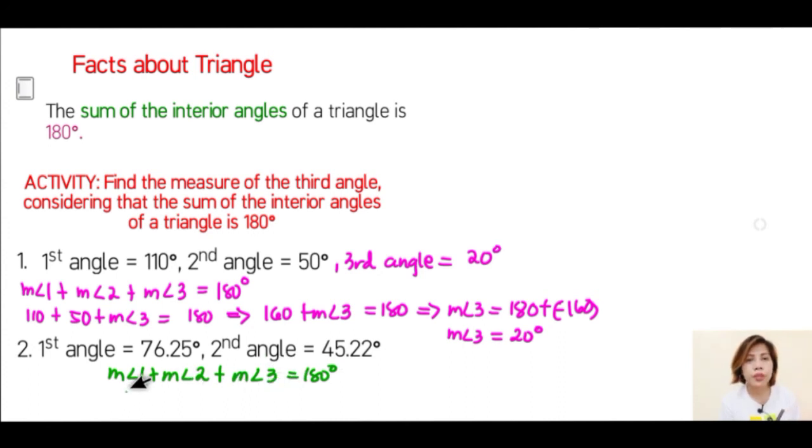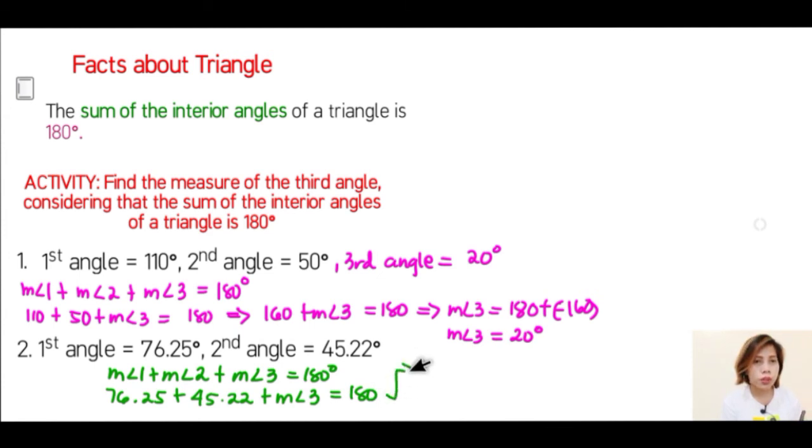So, measure ng angle 1 is 76.25, and then second angle measures 45.22. And then, di natin alam yung measure ni angle 3, so isulat na natin siya. And then, equal to 180. So, dito natin ilipat. Magiging 76.25 plus 45.22 ay 121.47. Is equal to 180.